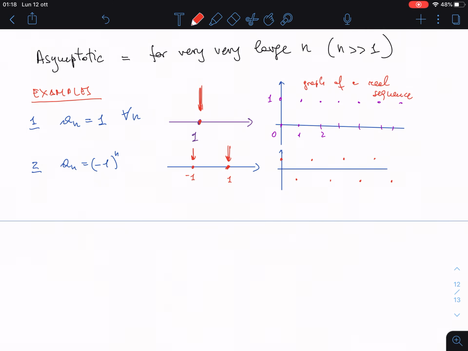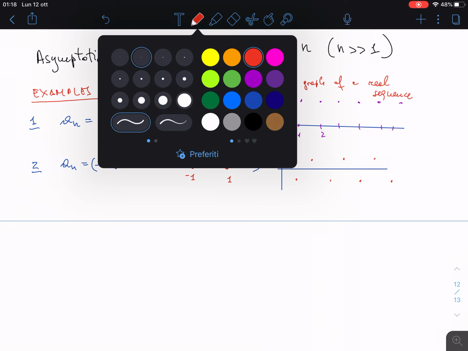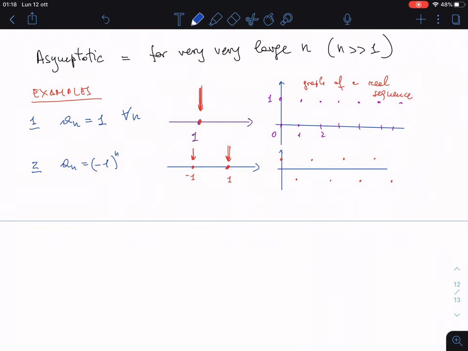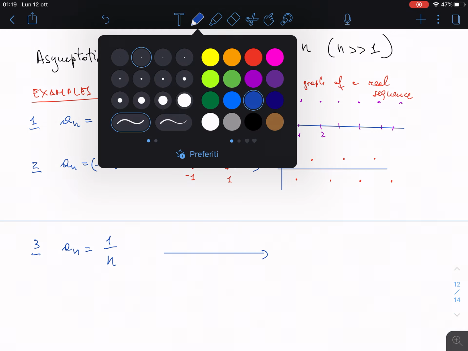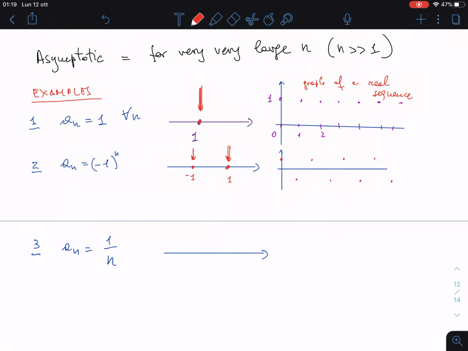The third example. Let me consider a_n is equal to 1 over n. And so in the first representation, of course here n is different from 0, so we start from n equal to 1.